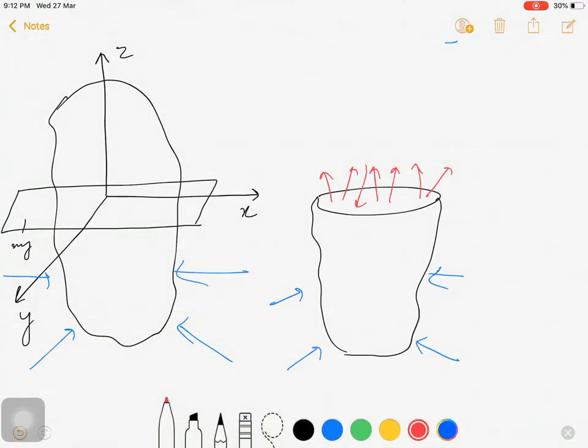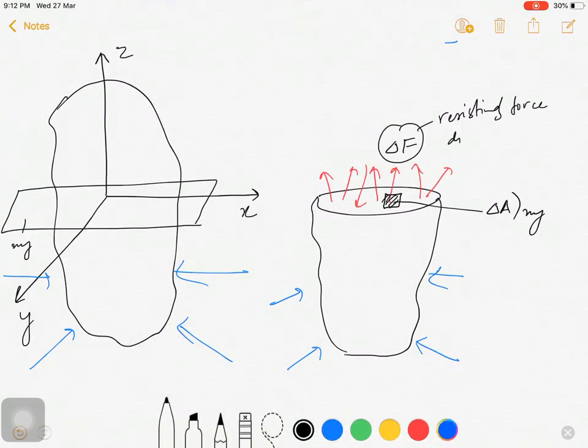Again consider a smaller area delta A, which is in the xy plane, and the force acting on delta A is delta F. This is the resisting force due to internal loadings.